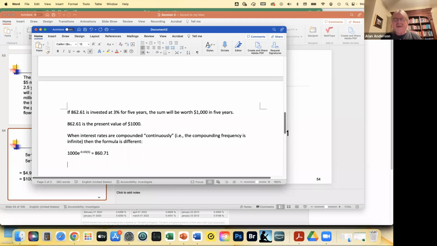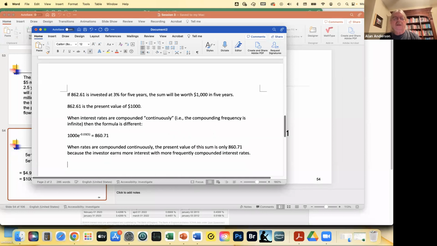So when rates are compounded continuously, the present value of the sum is only 860.71 because the investor earns more interest with more frequently compounded interest rates. The reason it's a smaller amount that you have to put aside is because you're earning more interest this way.